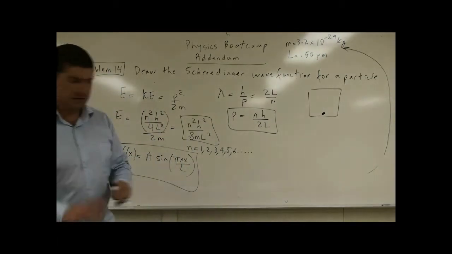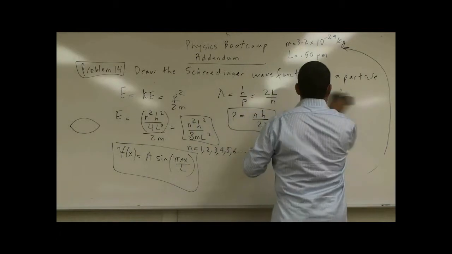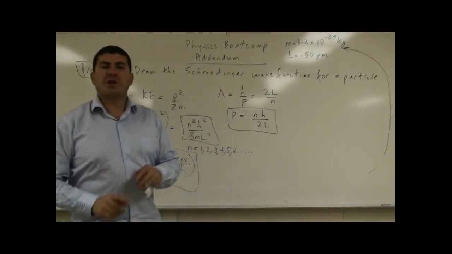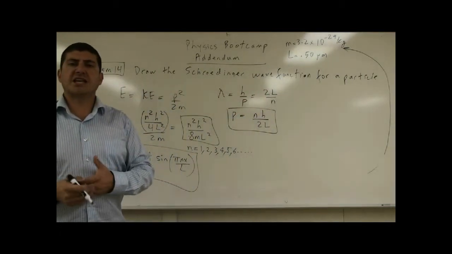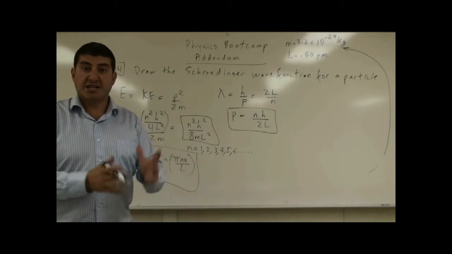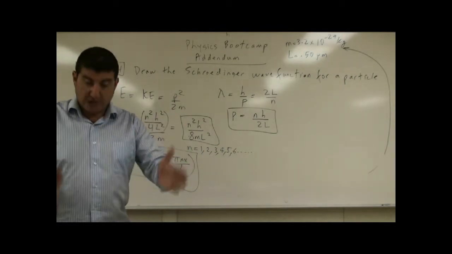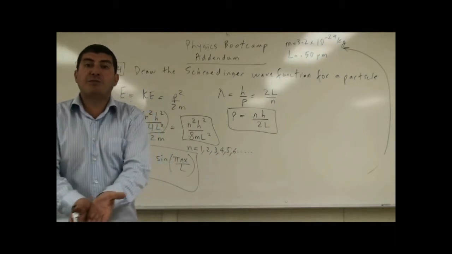So what does that mean? Here's what we have to say. We have to say that the probability of finding this particle between the two ends of the box has to be 1.